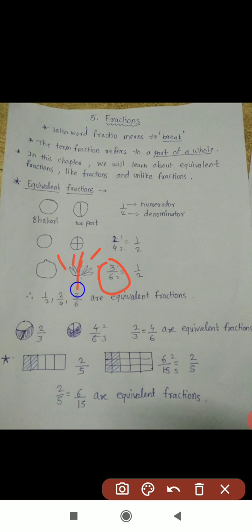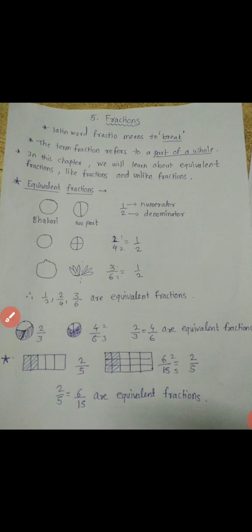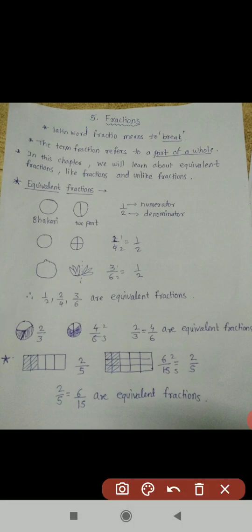So each will get half, 3 upon 6. What is 3 upon 6? 1 upon 2. 3 ones are 3, 3 twos are 6. So here 1 upon 2, 2 upon 4, 3 upon 6 are the equivalent fractions, because the ratio is coming 1 upon 2. So these all are the equivalent fractions.